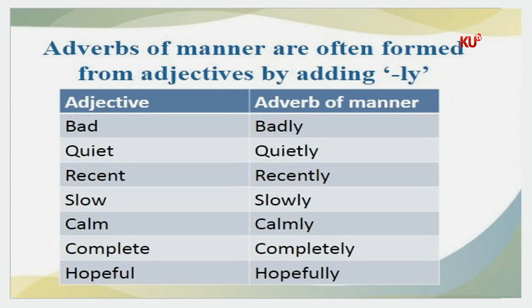Our fourth adjective is slow. We add an ly and it becomes slowly. Our next adjective is calm. When we add an ly, it becomes calmly. Complete. We add an ly and it becomes completely.